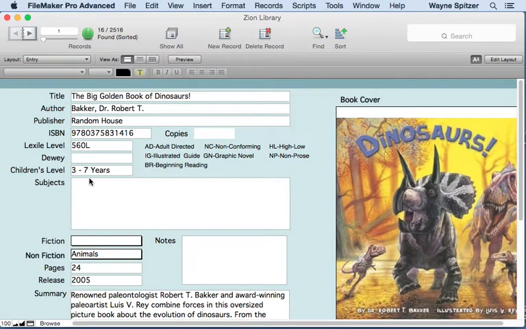Now, depending upon the age of the student, they may be put off by this, they may not. The topic may overpower their interest and they say, no, I may be older than 3 to 7, but I want to read that book. That's okay.